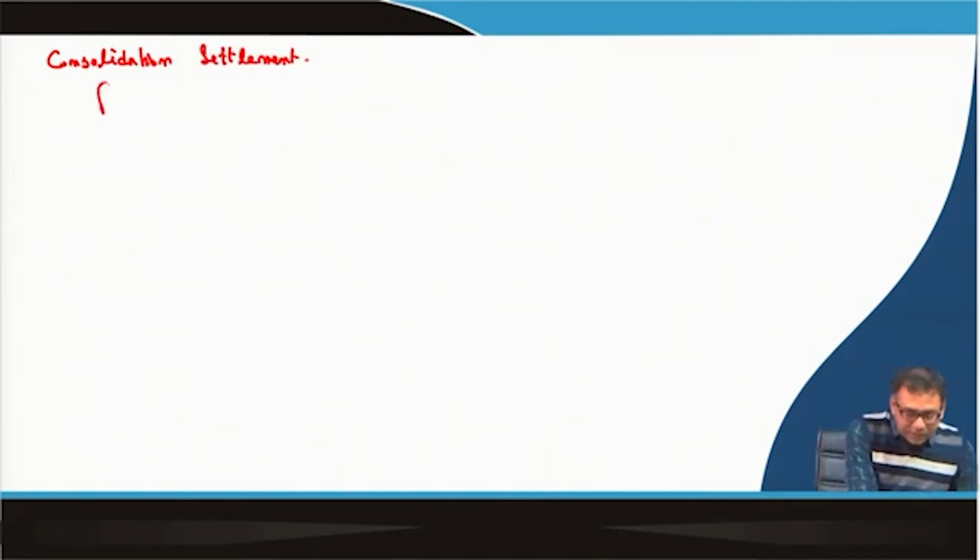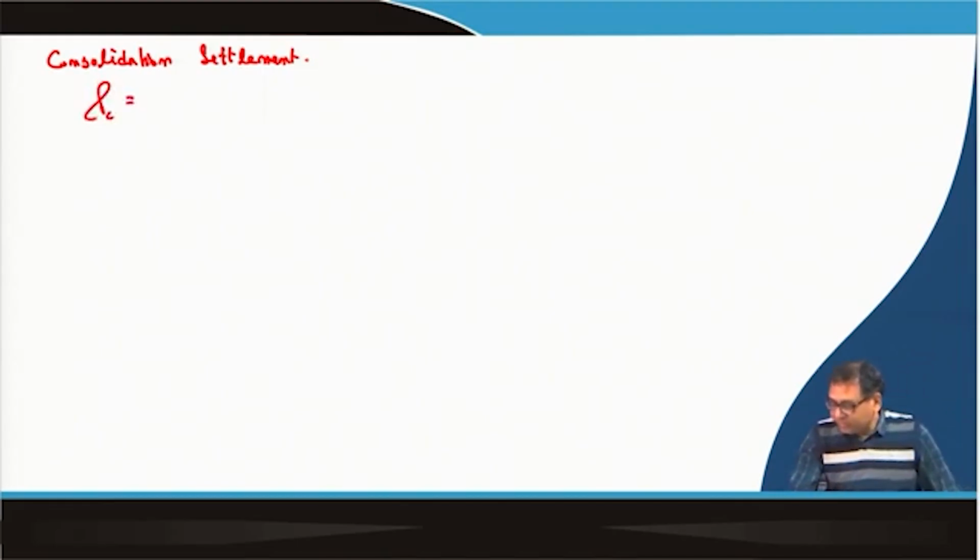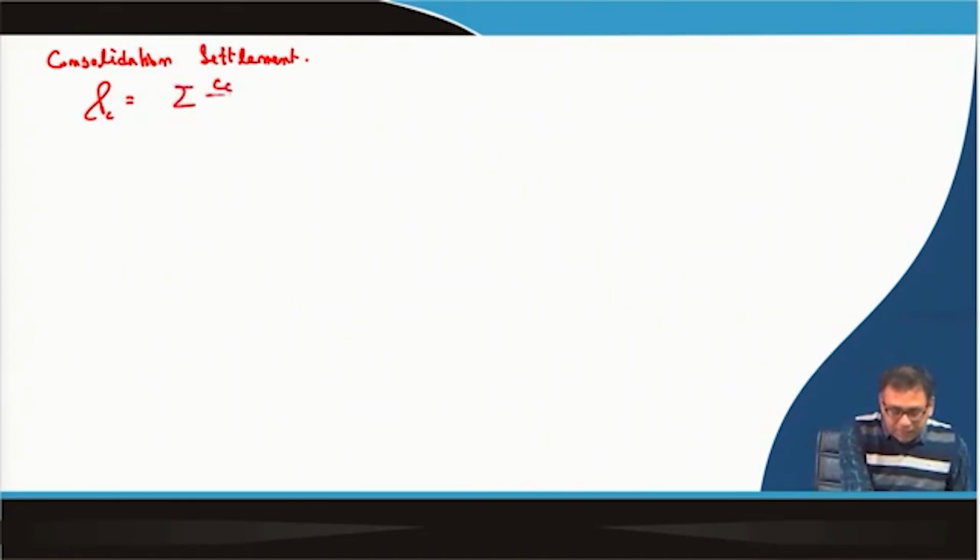Okay. So, the consolidation settlement equation is given. So, that is summation of C c by 1 plus e 0 into H log 10 of P 0 bar plus del P divided by P 0 bar.